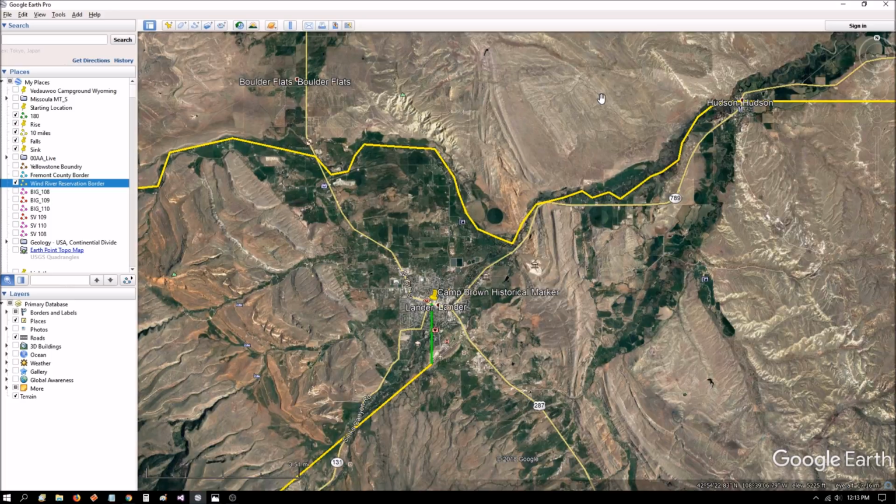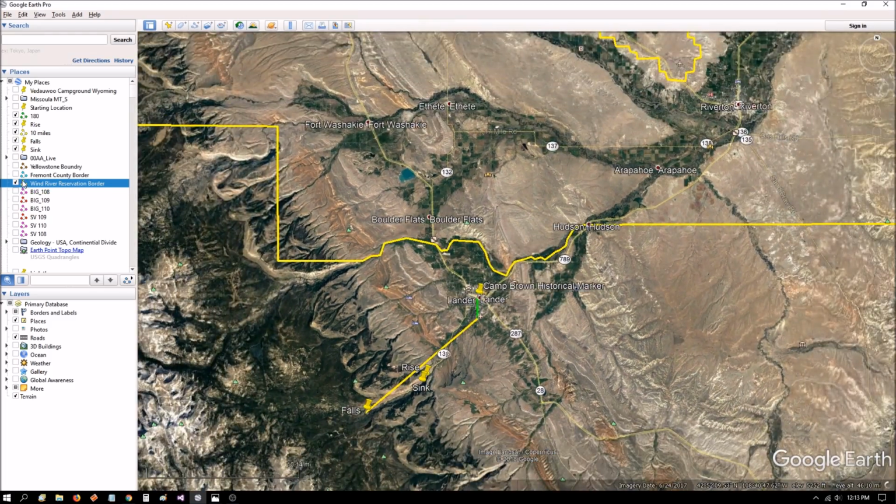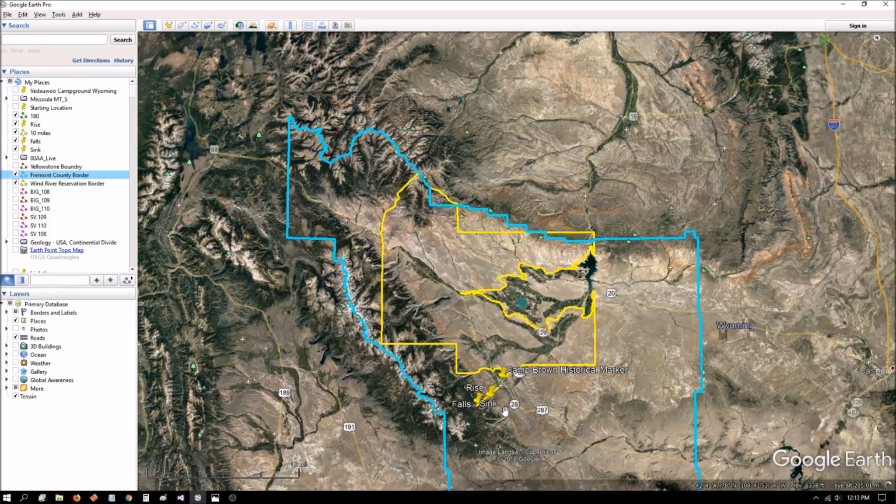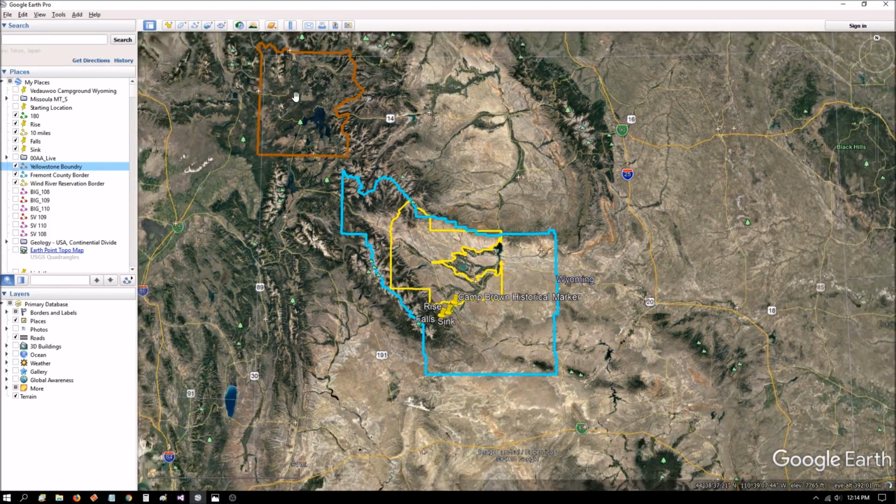Okay, so the meek wouldn't go in there. Anyway, that's the Indian territory. And then we have Fremont County in blue. And Yellowstone, of course, is up there. This is the Yellowstone boundary. You can see it goes outside of the state of Wyoming slightly. I don't know if you knew that or not.